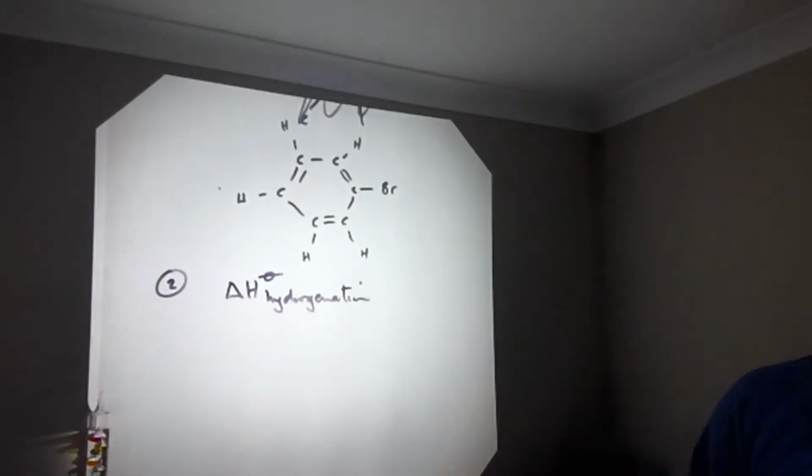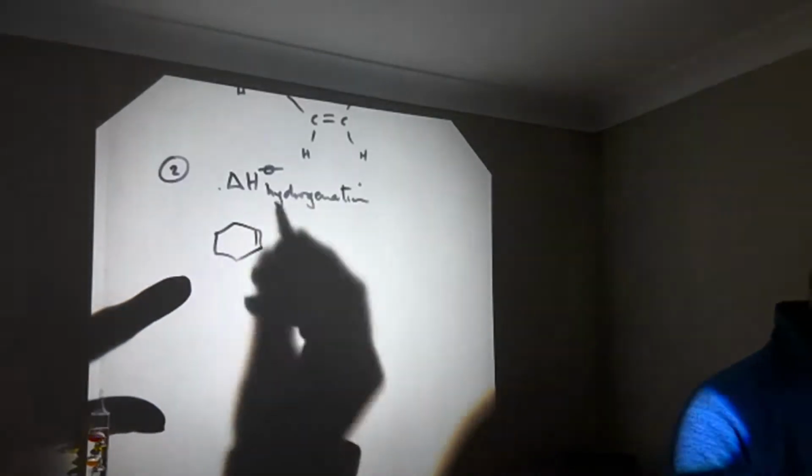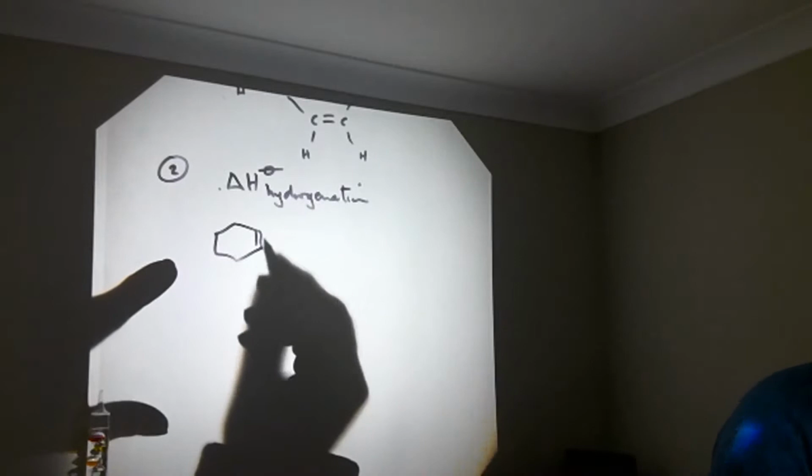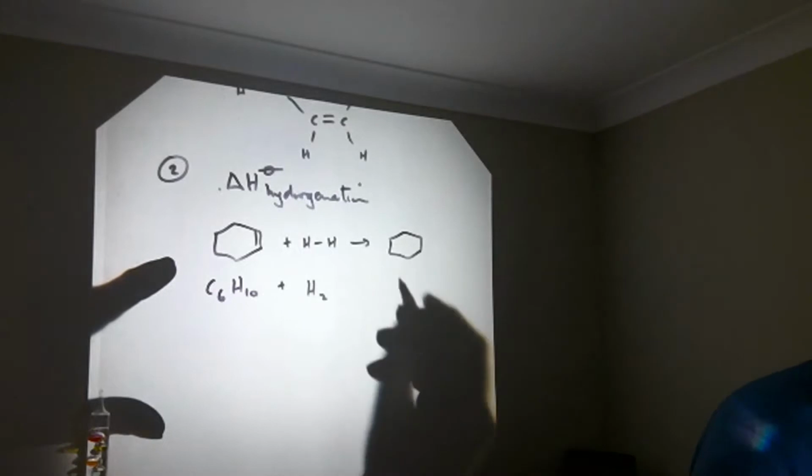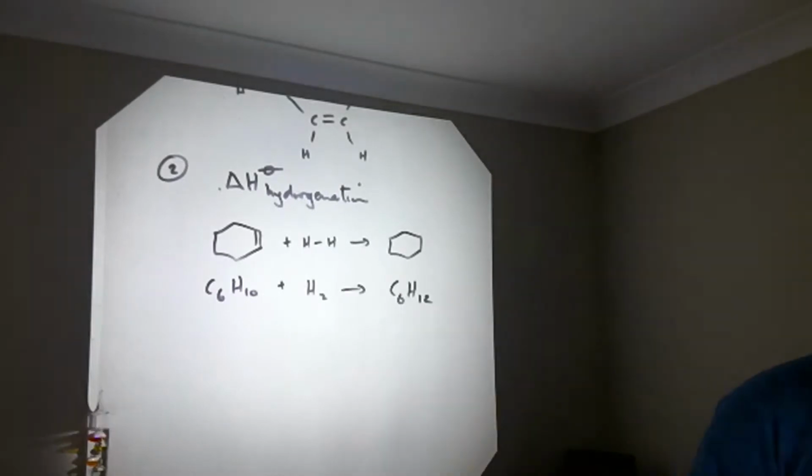Now the argument here goes as follows: if we take this structure, cyclohexene, being C6H10, with hydrogen, it would make cyclohexane, C6H12.